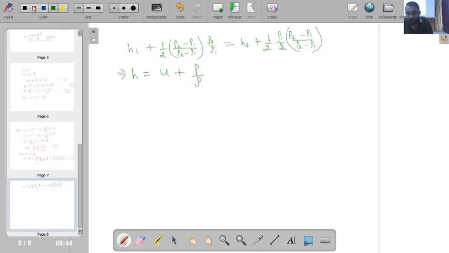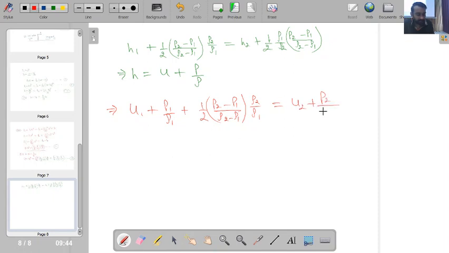If we do, then we will be getting U1 plus P1 by rho 1 plus half of (P2 minus P1) by (rho 2 minus rho 1) into rho 2 by rho 1 equal to U2 plus P2 by rho 2 plus half of (P2 minus P1) by (rho 2 minus rho 1) into rho 1 by rho 2. Now, this is a typical equation.